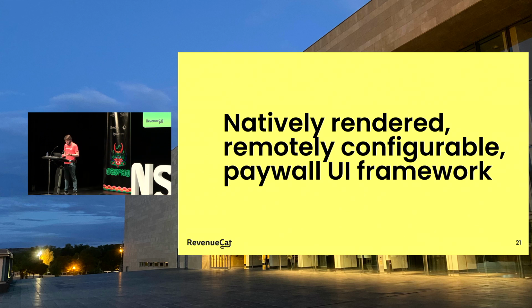What does that mean? It's natively rendered, meaning it uses SwiftUI under the hood to render the paywalls. It is remotely configurable, meaning it can be changed without releasing a new version of your app, and it can also be instrumented to perform experiments and A/B tests.